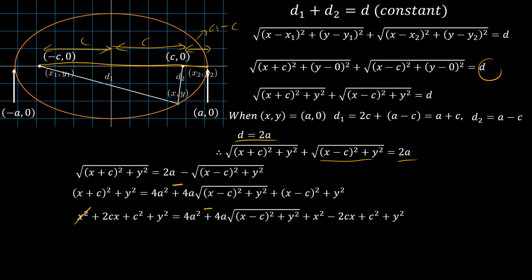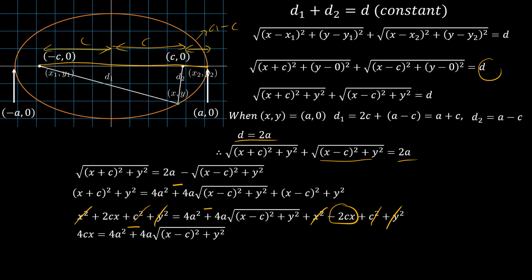We see that this x and this x cancel, this c and this c cancel, y and y cancel, and so eventually we get this negative going onto the left hand side, and so we still have minus here, sorry.